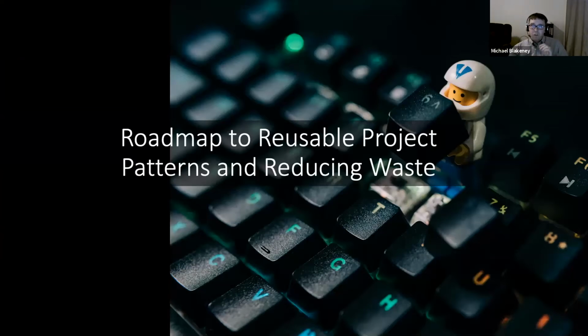So one strategy that we can take to implement this concept using lean principles is to encapsulate best practices into reusable project patterns. Reusable project patterns are basically solutions that can be easily shared and duplicated across your team and organization.